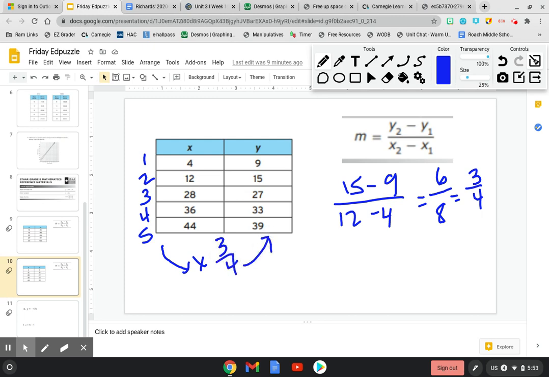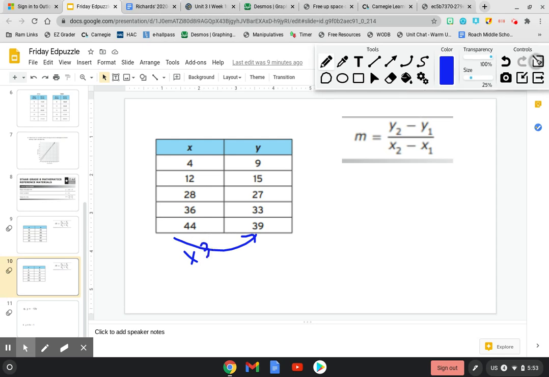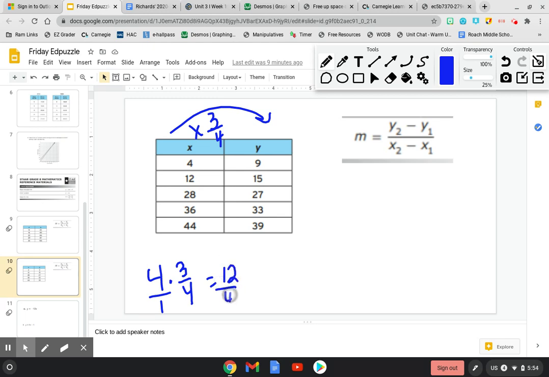Let's check that out. So let's go ahead and multiply by 3/4 so that we can see. I'm going to write that on top instead. So times 3/4. So 4 times 3/4 actually happens 12 over 4, which is 3. This is not 3.